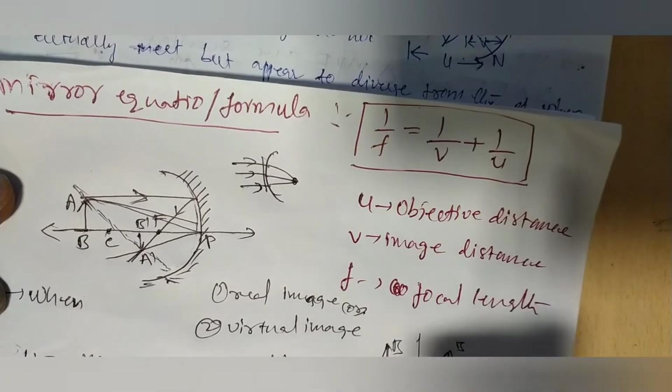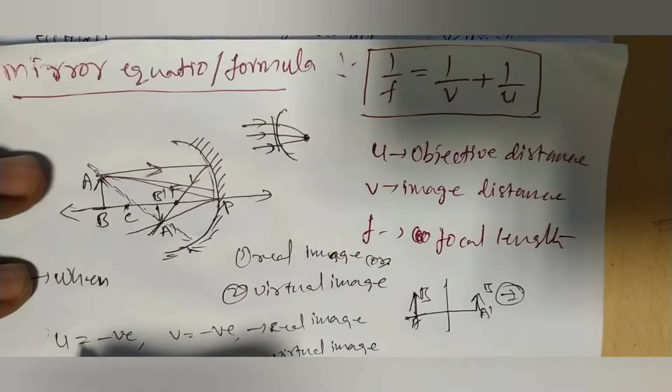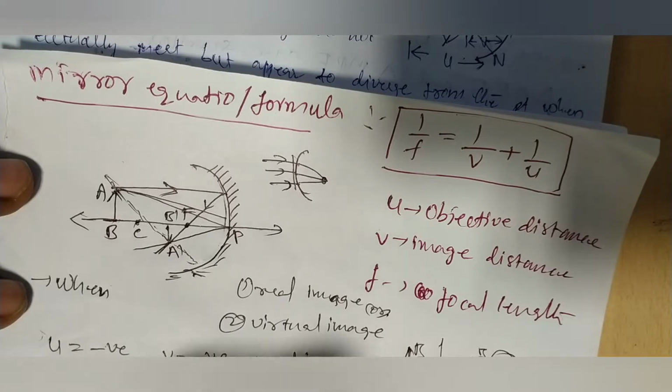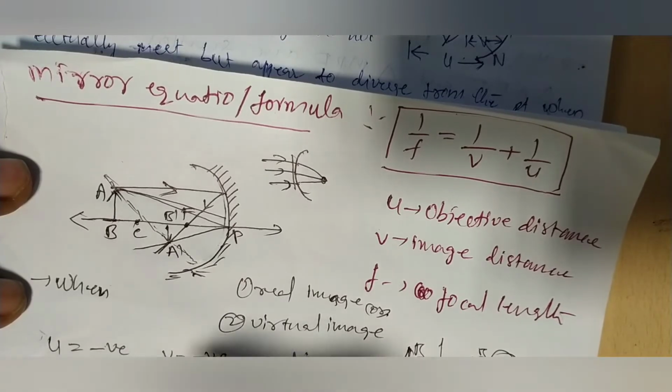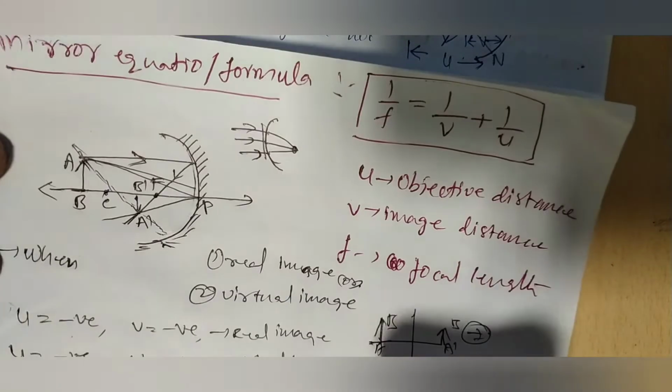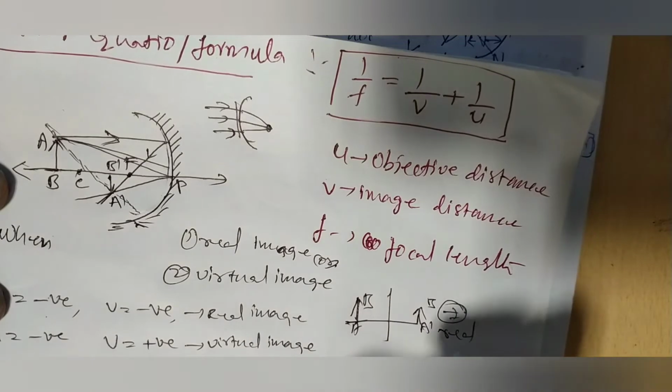If image distance and object distance are both negative or both positive, the same sign, then a real image will be formed. This is the real image.